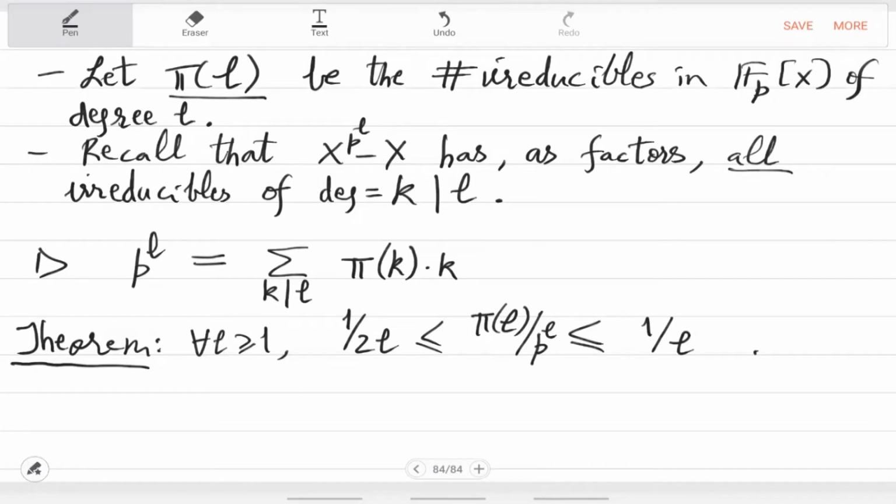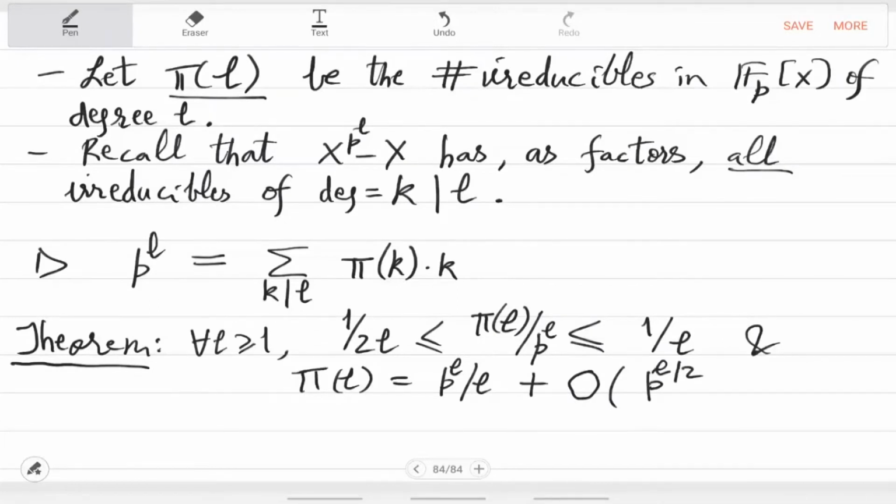Yeah, this can be written also in a more precise way, but that we do not need for the algorithm. In fact, you can say that pi L is p raised to L by L, that is the main term, plus an error term of the square root of this. So this second part is very precise.